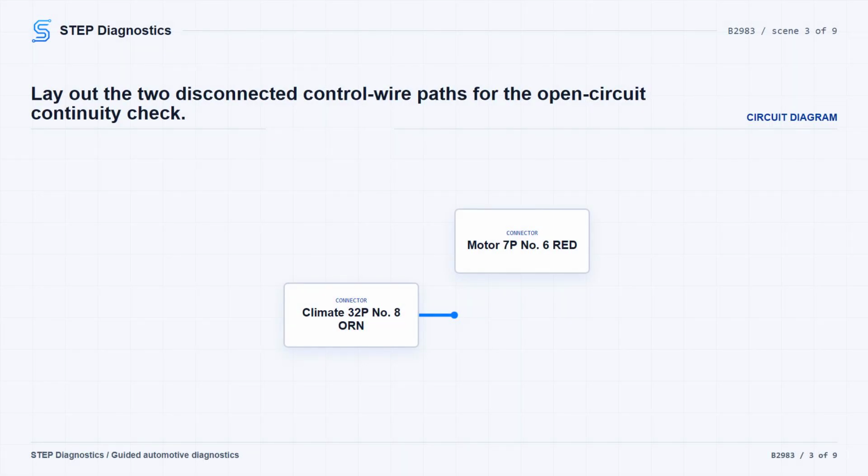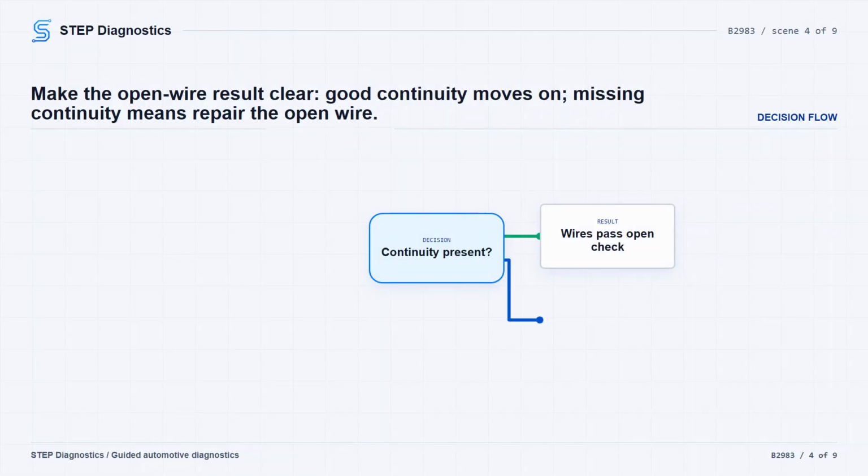Next, check the two control wires between the climate control unit and the recirculation control motor. With the ignition switch at lock 0, disconnect the climate control unit 32P connector and the recirculation control motor 7P connector. Check continuity on the F/RMTR fresh/FRS circuit from climate control unit 32P connector No. 7, the PUR wire, to recirculation control motor 7P connector No. 6, the RED wire.